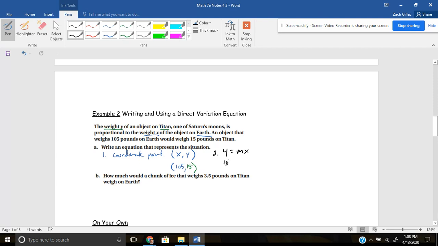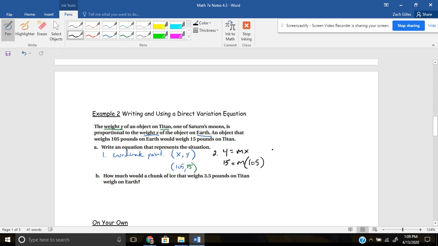So I'm going to substitute in 15 for y equals m times, I know x is 105. I'm going to put parentheses in there to represent that I'm multiplying so it doesn't look too confusing.